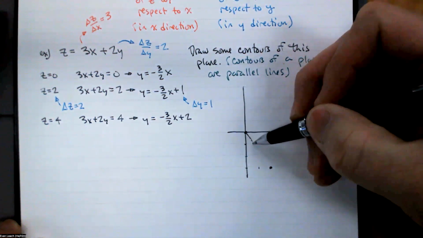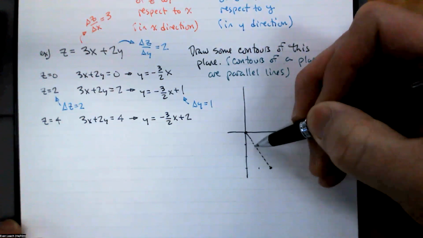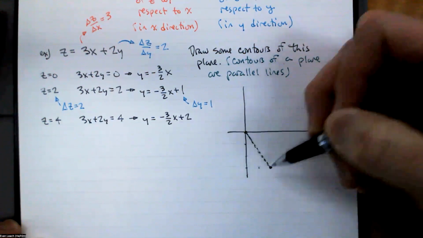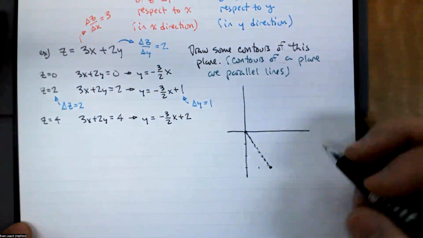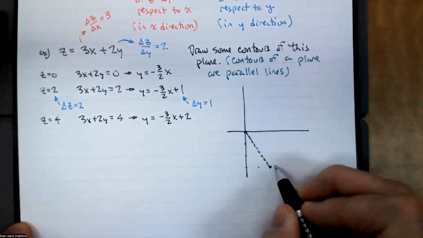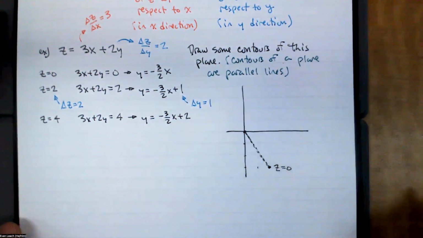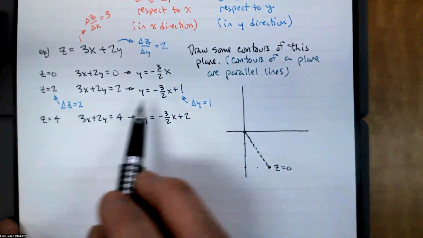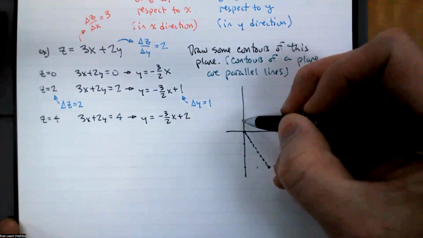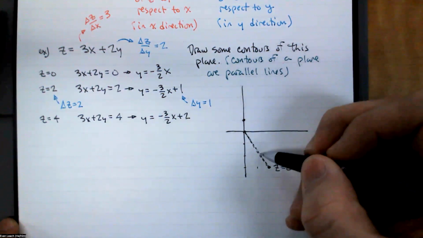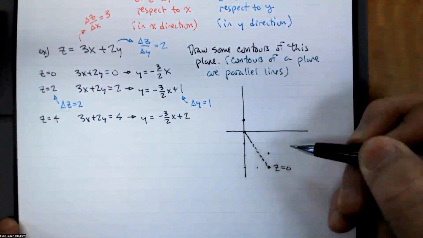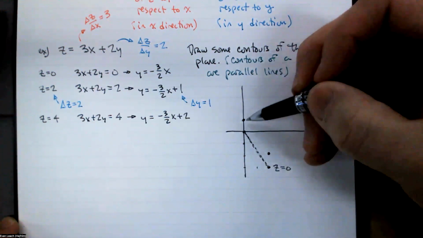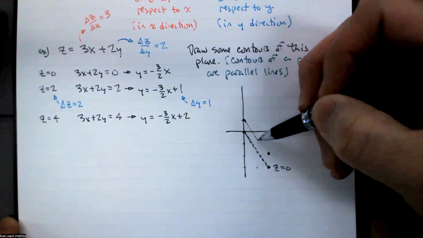So here's a piece of a contour where z is equal to 0. This is just a piece of the contour. And then when z is equal to 2, we have this parallel line.